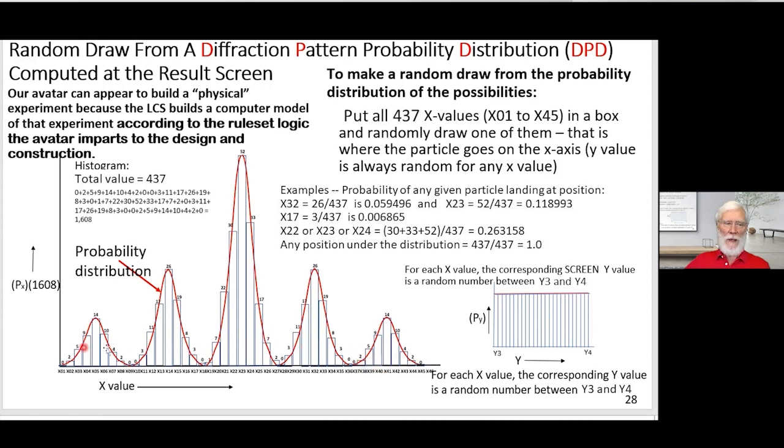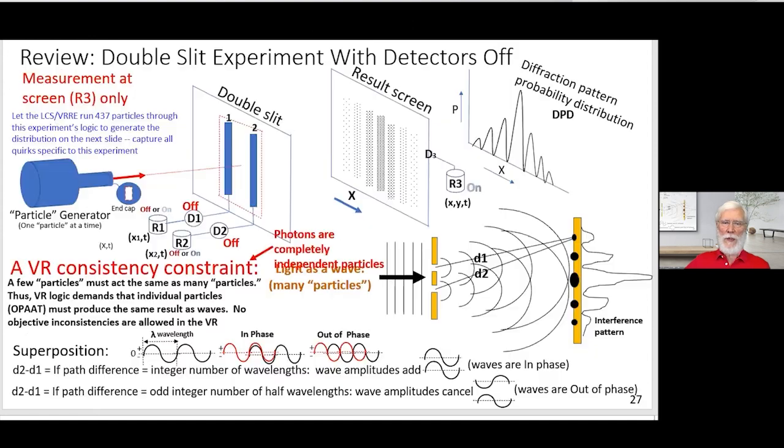And then as we do this experiment that we were just looking at, that's this distribution. We're going to randomly reach into that box and pull out a piece of paper. Every time a particle gets shot out of here, goes through one of the slits, hits the screen, where is it going to hit the screen?